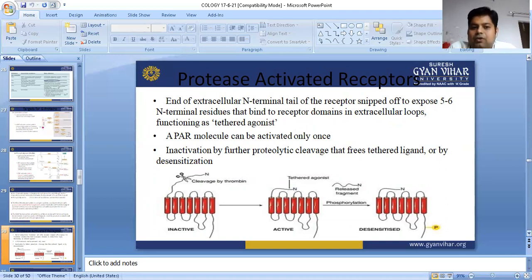A PAR molecule can be activated only once. Inactivation occurs by further proteolytic cleavage of the free tethered ligand or by desensitization. We can see here the cleavage by thrombin, the fragment is separated and released, and the receptor is desensitized.